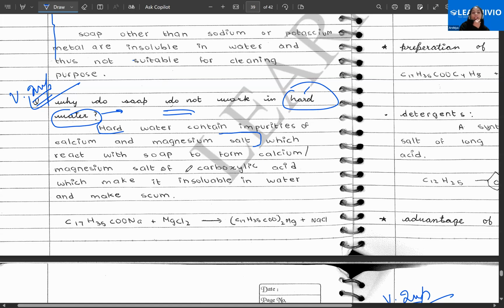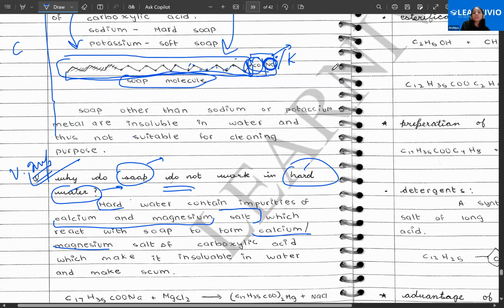So they react to form calcium and magnesium salts of carboxylic acid. This is the carboxylic acid at the end. If we use it in hard water that has some calcium or magnesium, this replaces sodium and puts calcium or magnesium. So it forms an entirely new compound.